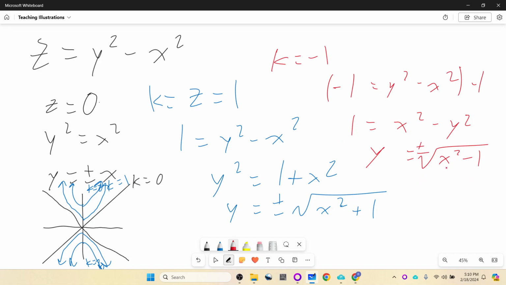So what happens here? Well, this time x gets larger. Yeah, this time x has to be positive, so it ends up going this way instead.